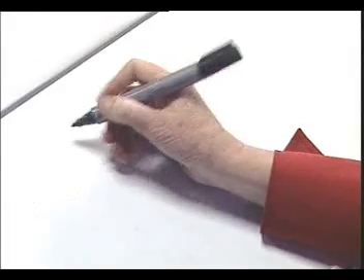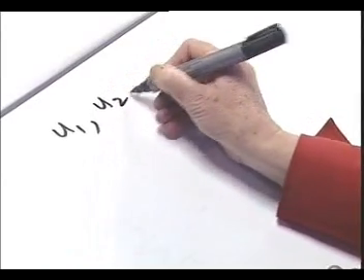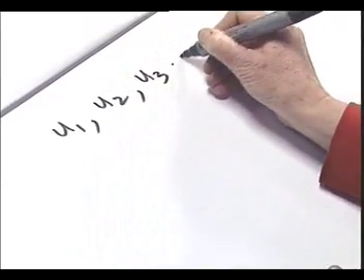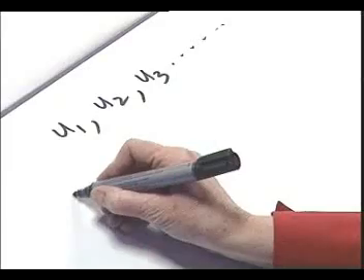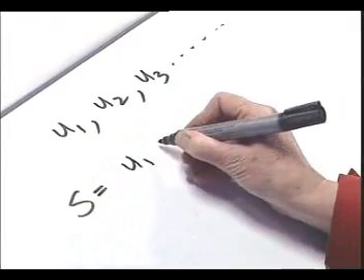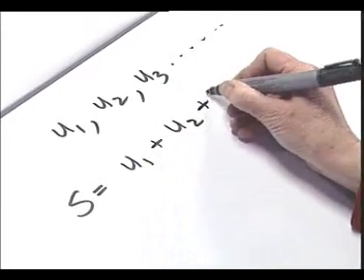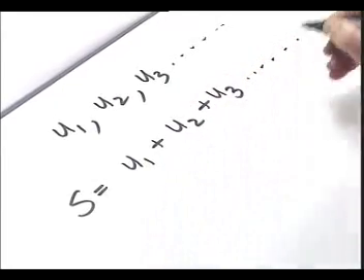Now, if we had a general sequence of numbers, such as U1, U2, U3, and so on, we could write the sum as S equals U1 plus U2 plus U3, and so on.